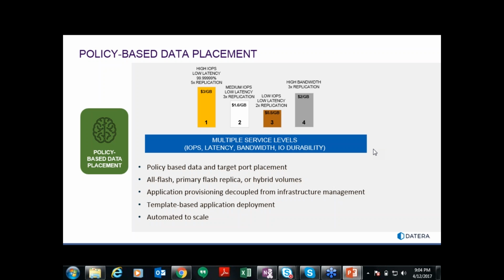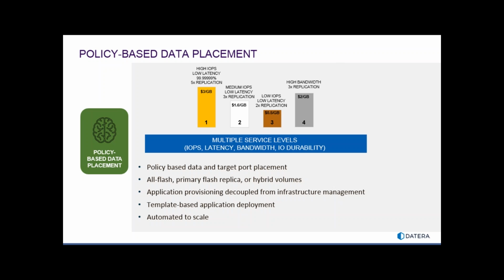You could have different latency characteristics configured. And we can also dictate which type of media it's placed on, so your cost factor is controlled as well. So we are truly policy based, and you can control how data and target port placement is done. So you can have a volume with all-flash, primary replica in flash, or all the replicas in hybrid, right? It gives you extreme flexibility.